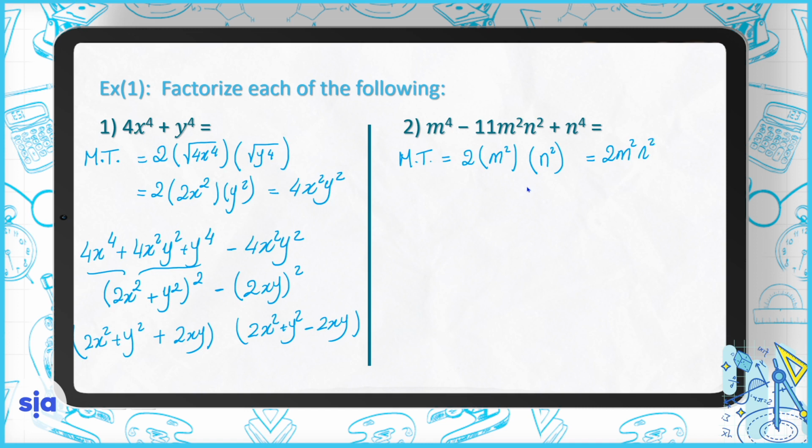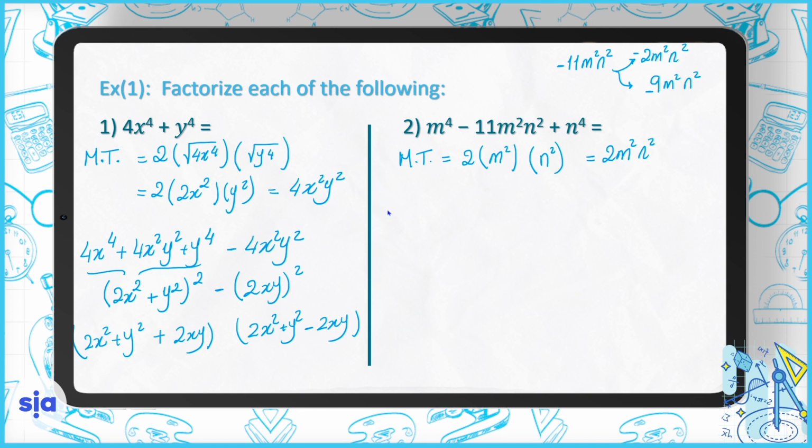And this one is kind of different because the 11 m squared n squared, we are going to separate it as 2m squared n squared as a middle term and 9m squared n squared as the last term. Here in the question it was negative 11m squared n squared, so it would be separated as negative 2m squared n squared and negative 9m squared n squared.